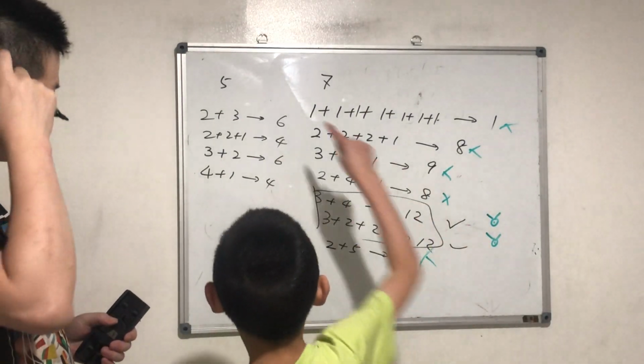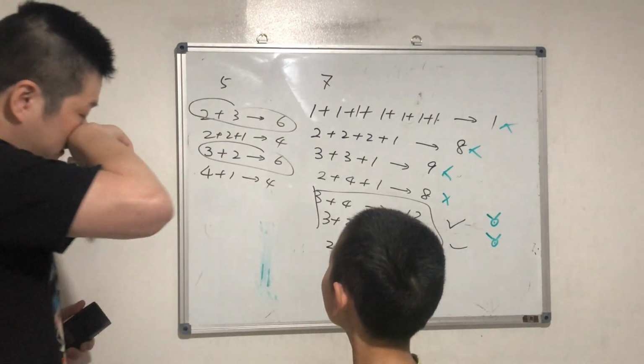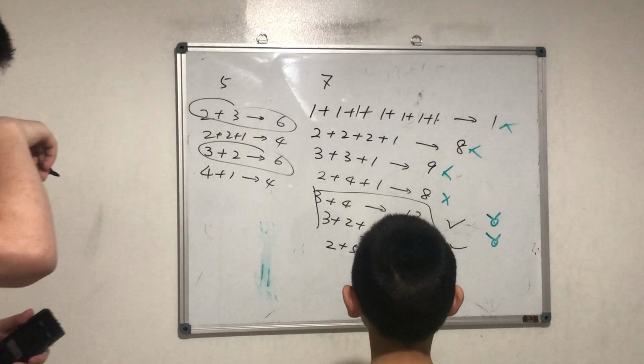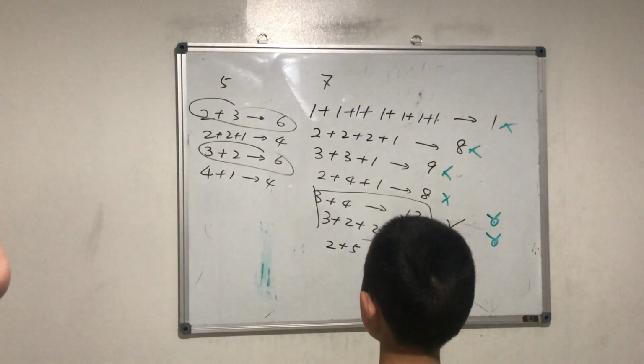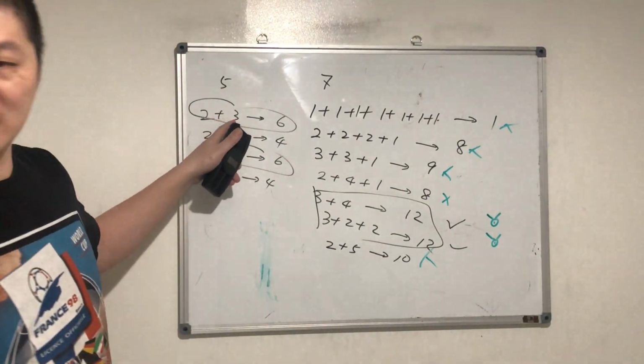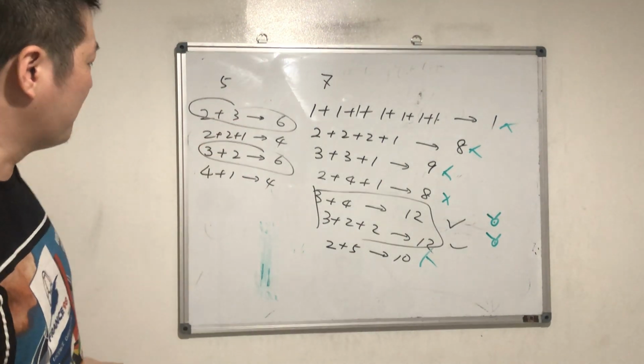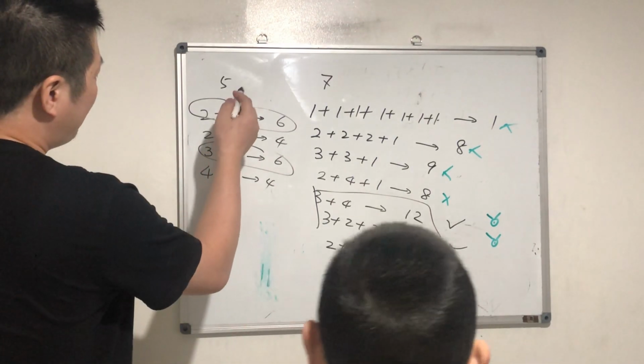So any idea how we're doing this? We're using 3s. Well done, that's a good observation. Yes, it's optimum to split into 3s.